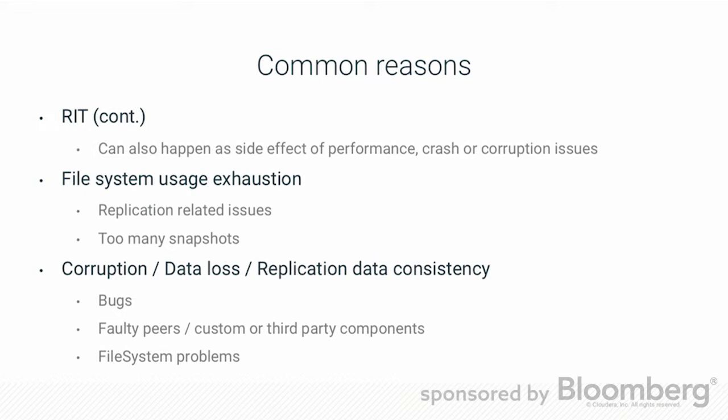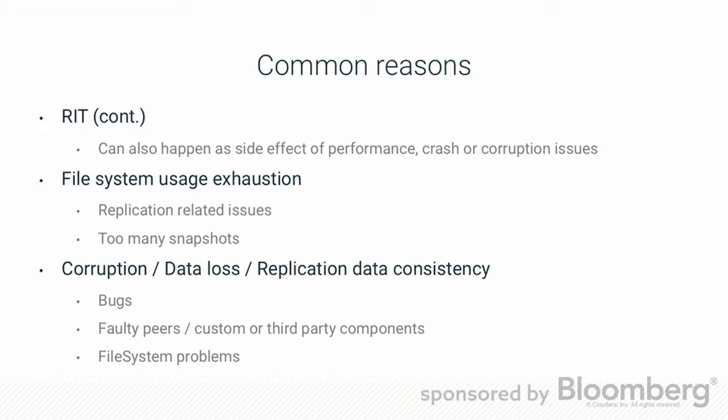Corruption, data loss or replication data inconsistencies, those are most often seen with bugs on the storage layer of HBase. Could also, in the case of replication, as Charlie mentioned on the other bullet, be due to faulty peers or even infrastructure, or also could be caused by custom or third-party components, such as coprocessors or filters plugged into the code path.